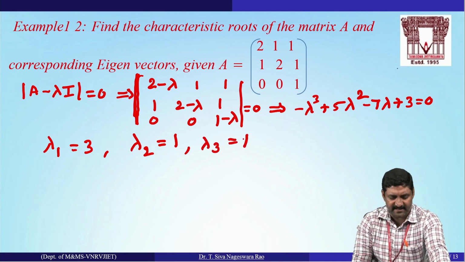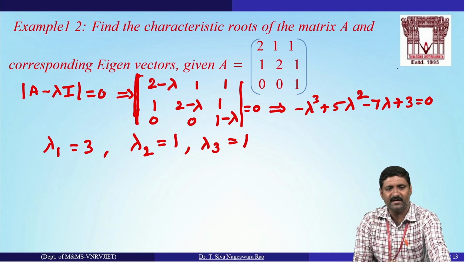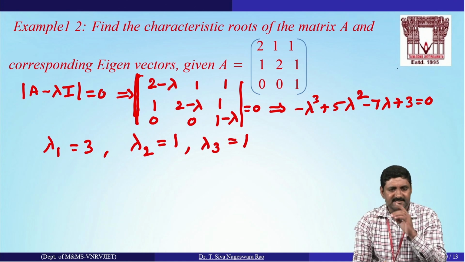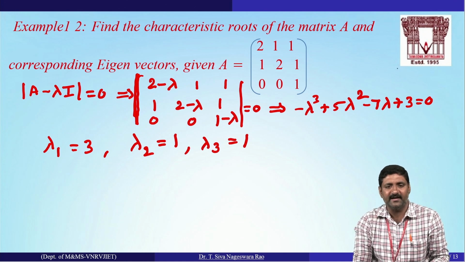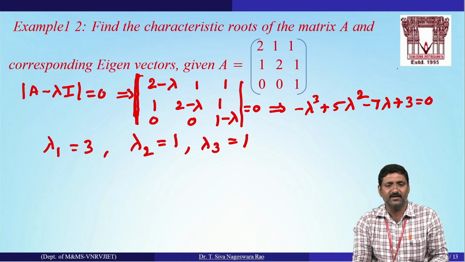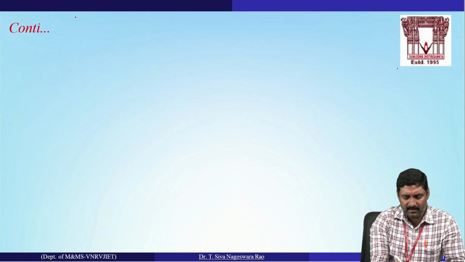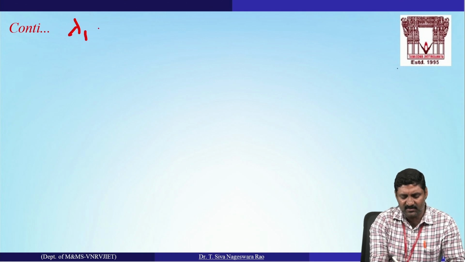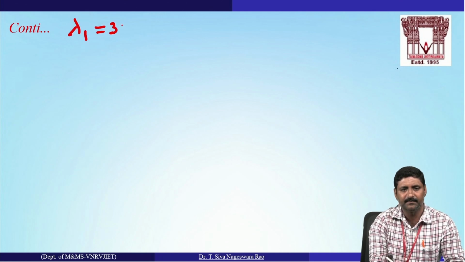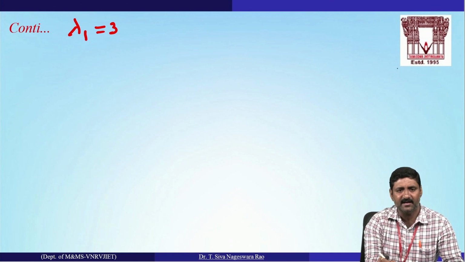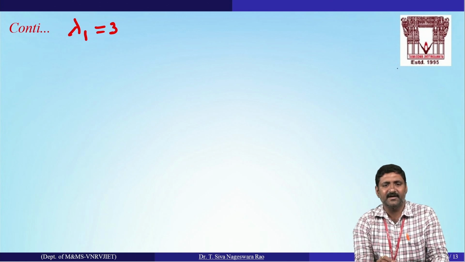If you observe this, out of 3 eigenvalues, only 1 is distinct and the remaining 2 are equal. In such cases, how do we find the eigenvectors corresponding to these eigenvalues? First, I am going to find the eigenvector corresponding to lambda 1 is equal to 3. Now how to write the eigenvector? What is the definition of eigenvector?